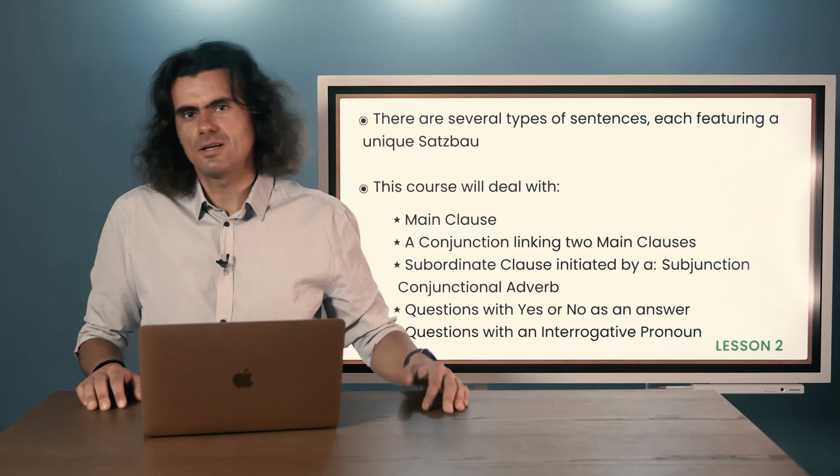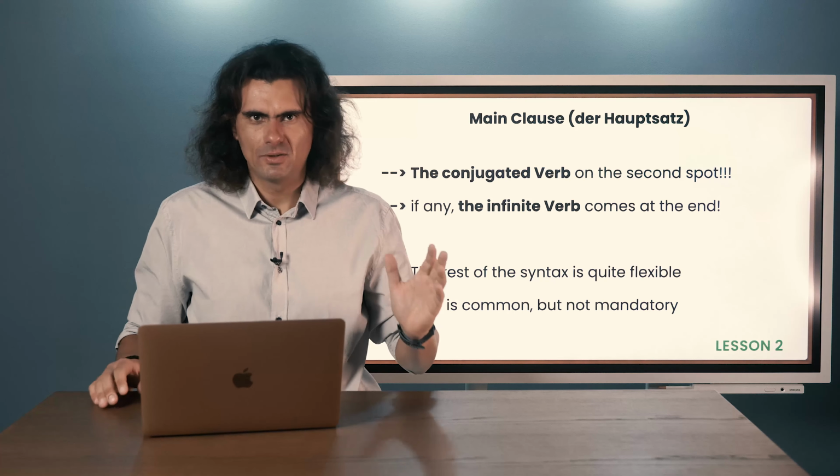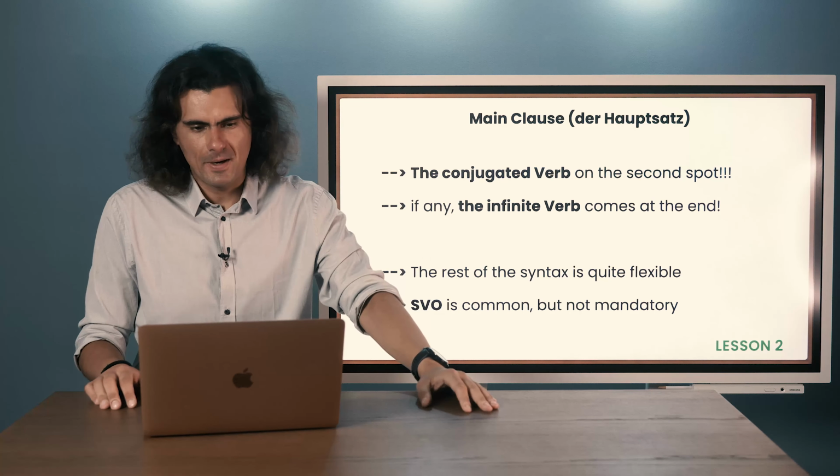So the main clause is quite easy. This is basically the most important aspect of the syntax in German, because the main clause is the most widely used clause in German. The infinite verb comes at the end, and the finite verb, the conjugated one, comes on the second spot.